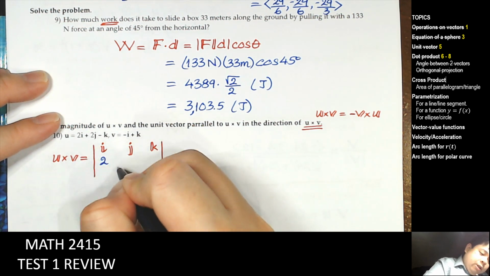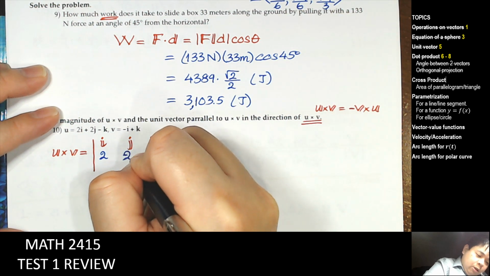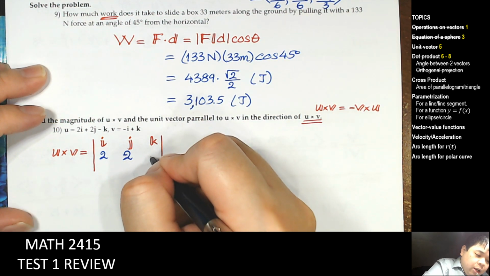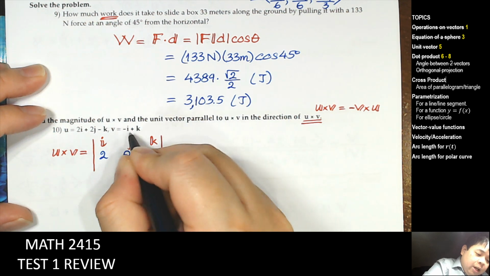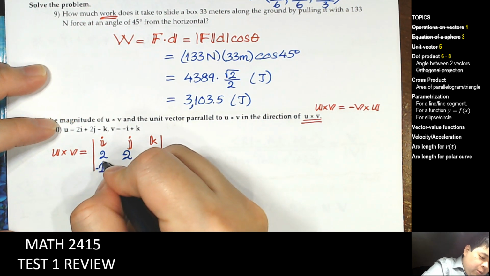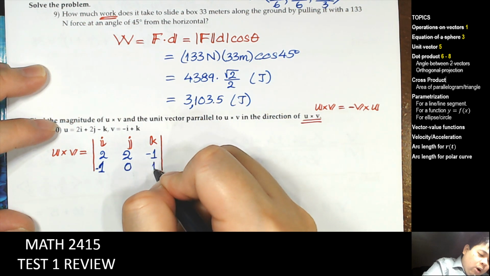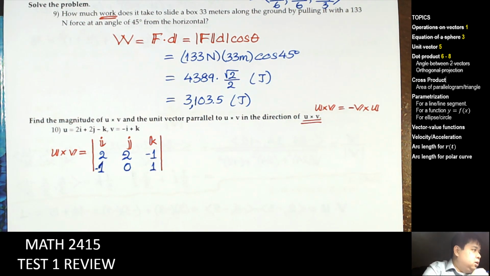For U, that's 2, 2, and -1. And for V, -1 for i, no j, and 1 for k.